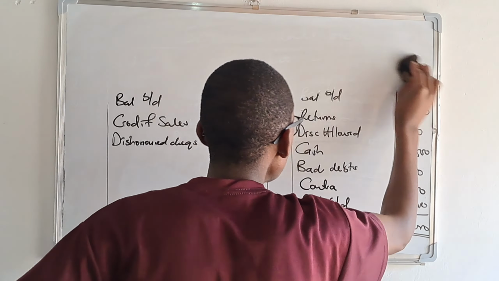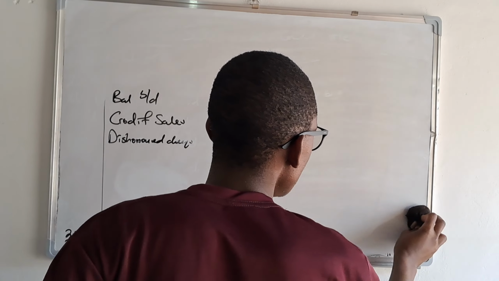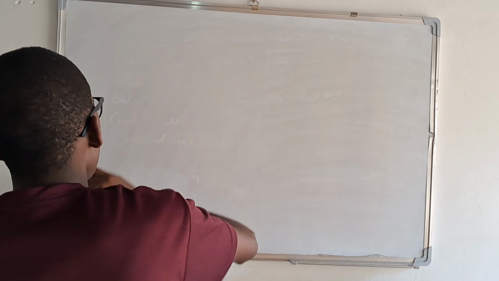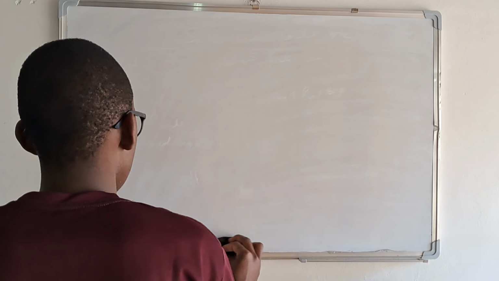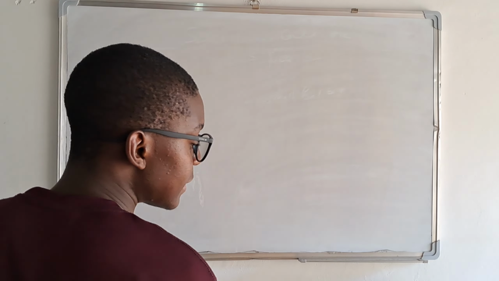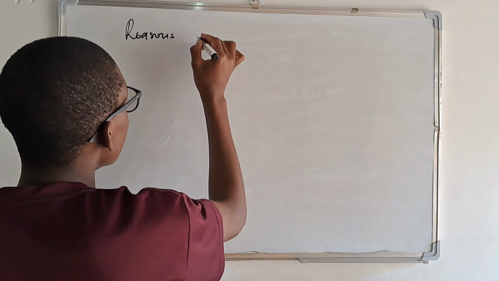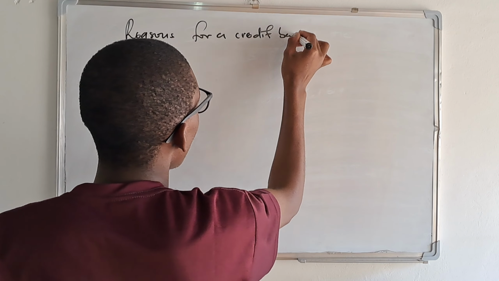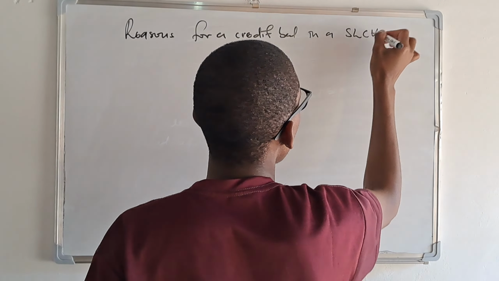Let's look at the most common aspect, which is poorly done by many students, especially advanced level. You perform poorly on this section. You might be asked to write the reasons. The examiner may ask you the reasons for a credit balance in a sales ledger control account.